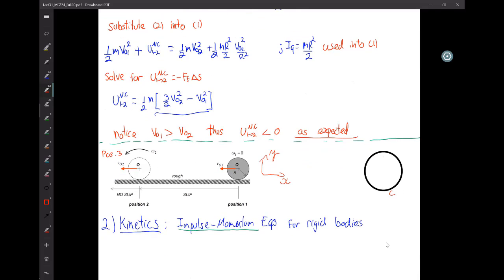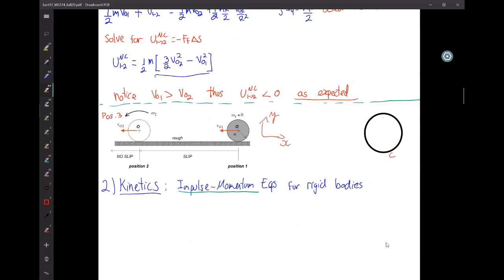So let me just show you the difference between when the disk is slipping and when the disk is in the no-slip condition to understand what's going on. While we have slipping, what's going on?